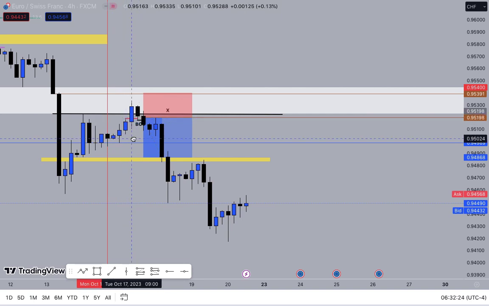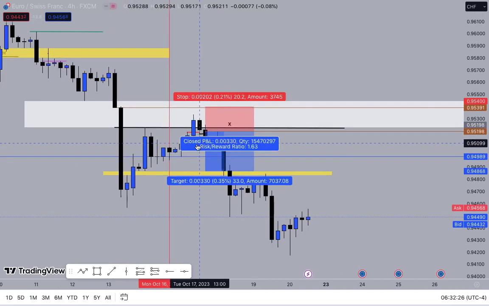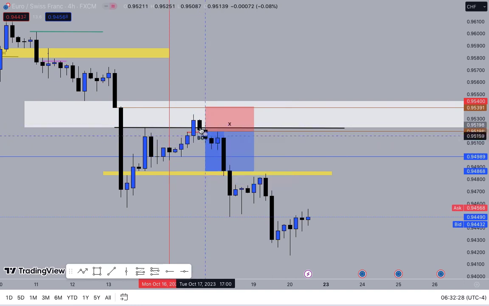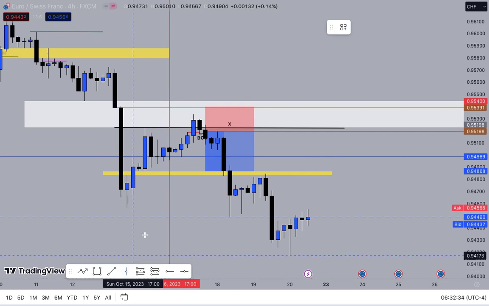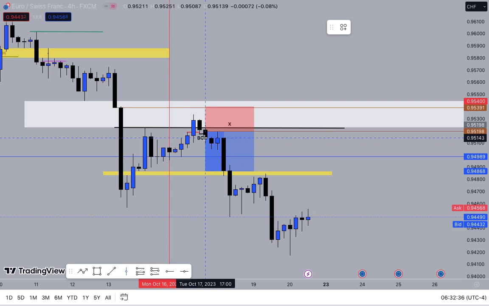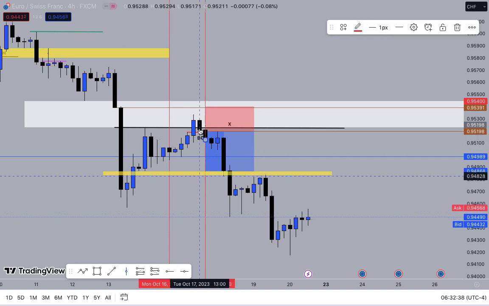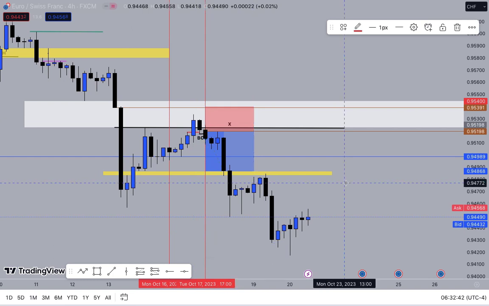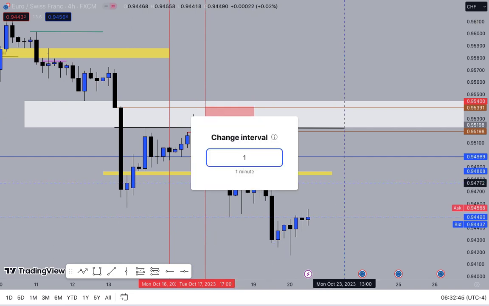So when I got the bearish candle on the 4-hour, on that daily fair value gap, after sweeping the 4-hour high, let's mark it out. This is the bearish candle I got. The next thing I did was go down to the 1-hour time frame.